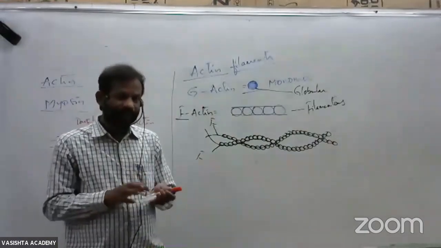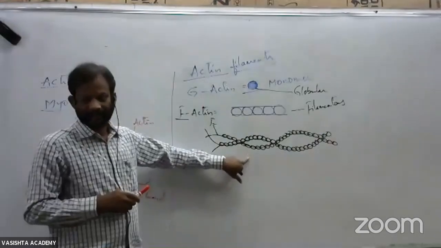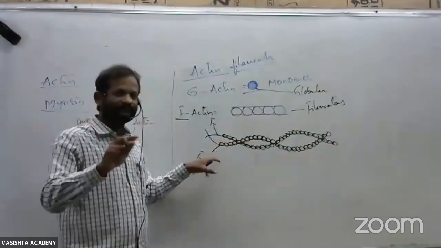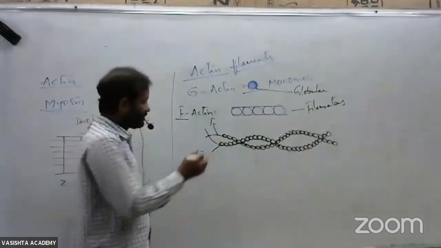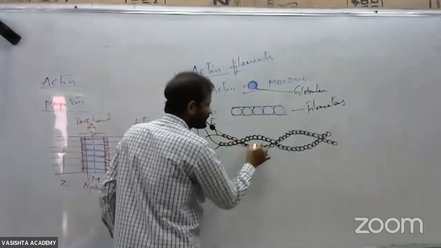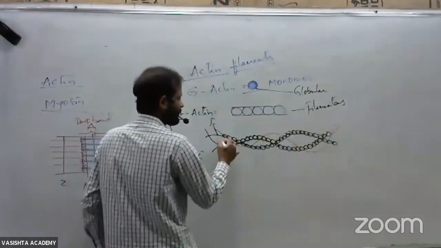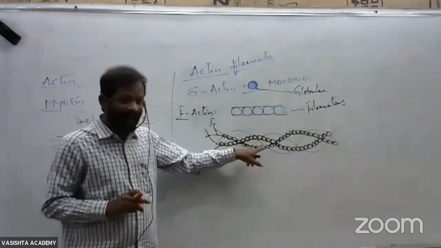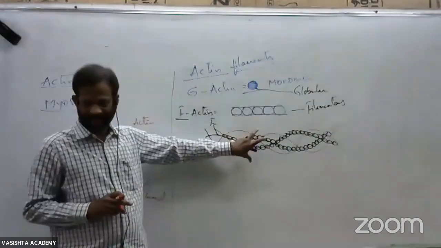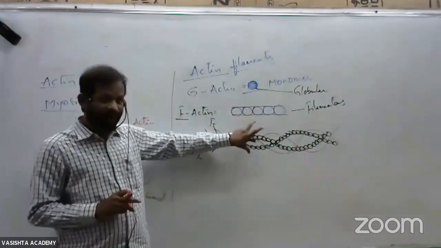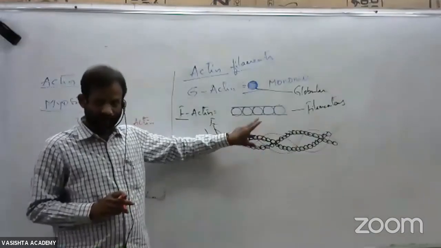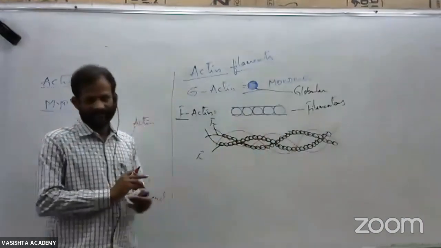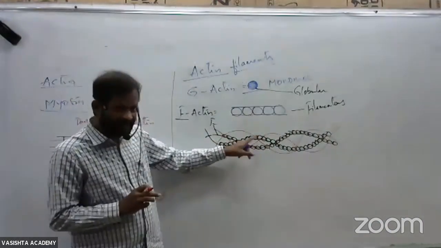Now, this is not the only structure. In actin filament, along with these two F-actins, we can find two more filaments. The two more filaments are present like this. Now, totally, you can observe 4 filaments in this. Out of that 4, 2 I explained, the F-actins. Now, what are these 2 new filaments?